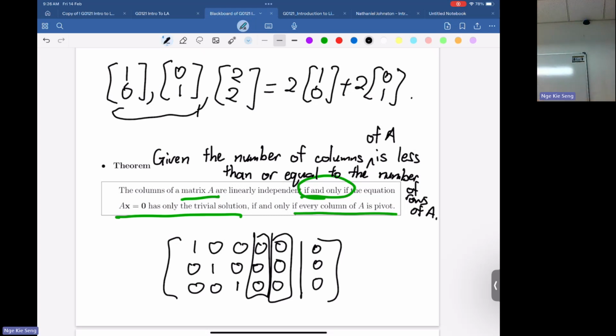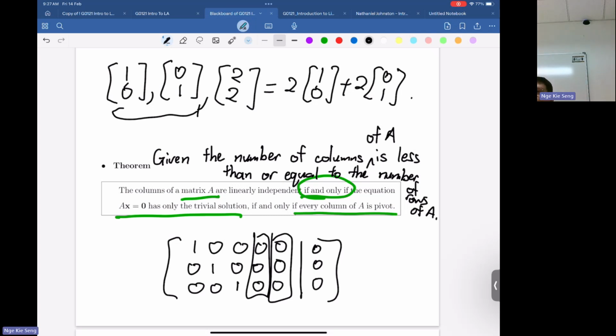So if you have more vectors than your dimension, and in this case, for now, you can see dimension as how many entries there are here first. Later we will define dimension. If you have more vectors than your dimension, then they will be linearly dependent.